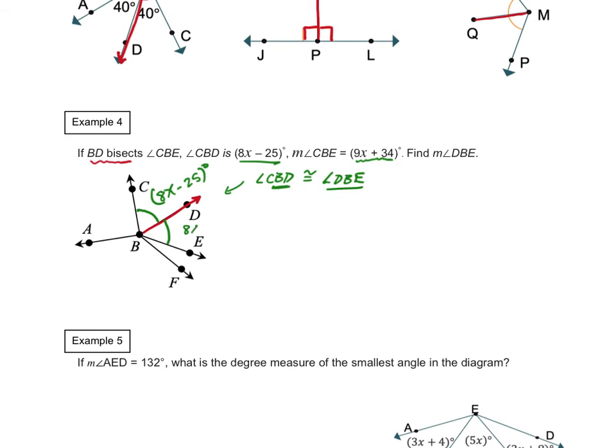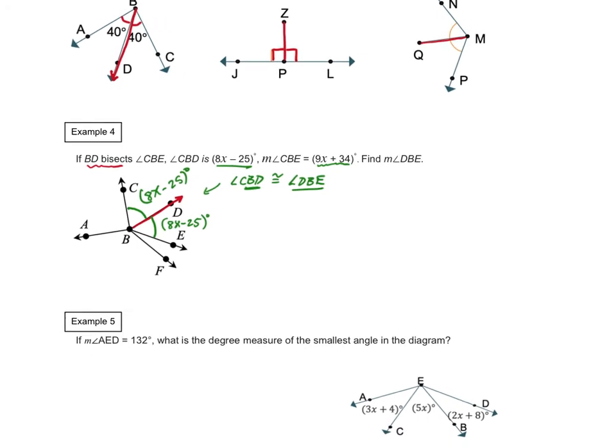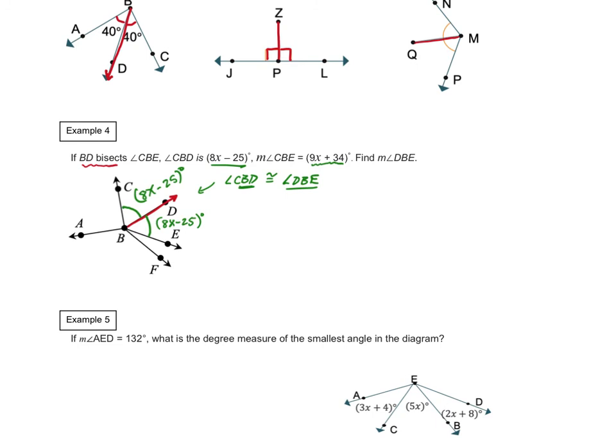So I know that this is also 8x minus 25 degrees. I know that angle CBD plus angle DBE is equal to the larger angle of CBE.